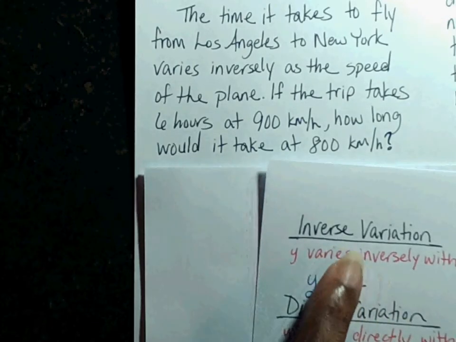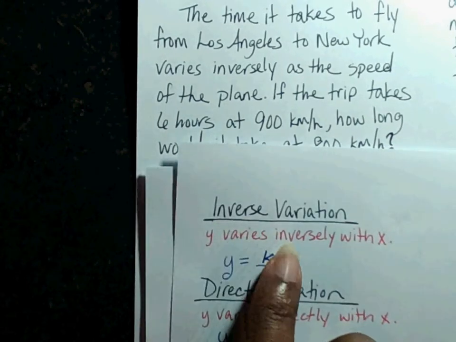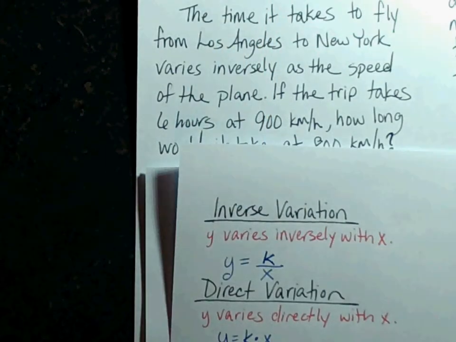You're going to use inverse variation right here. So now, y varies inversely with x. What is varying with each other up there? It says the time it takes to fly from Los Angeles to New York varies inversely as the speed of the plane.